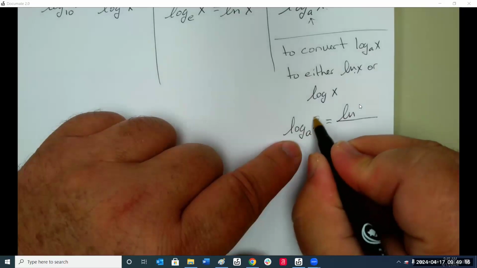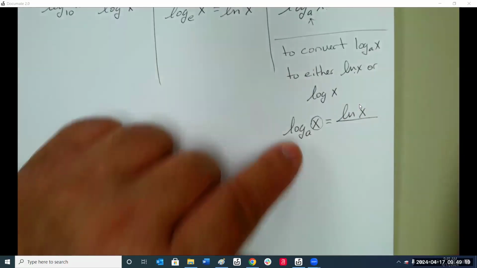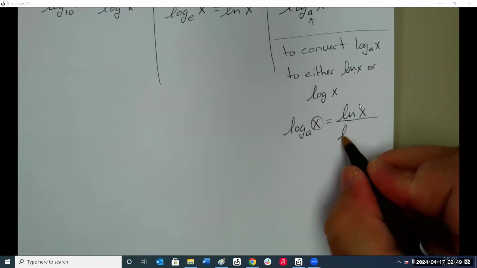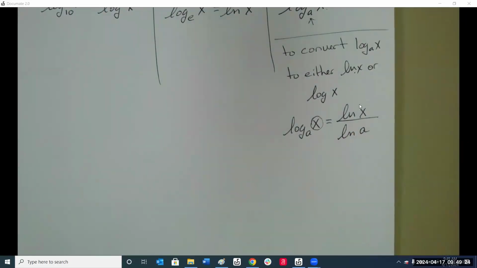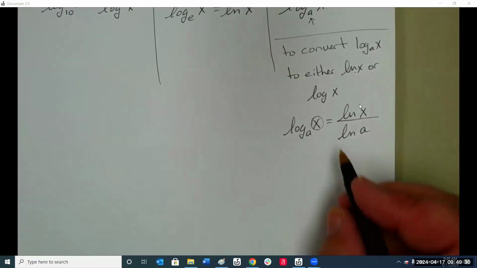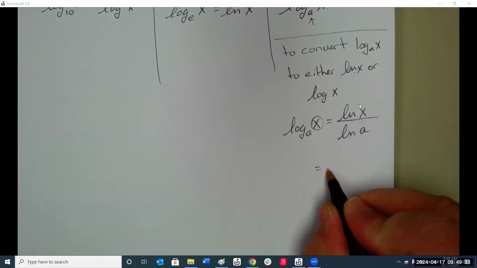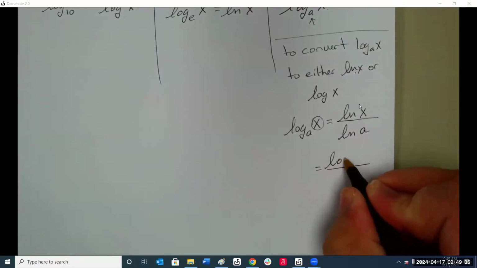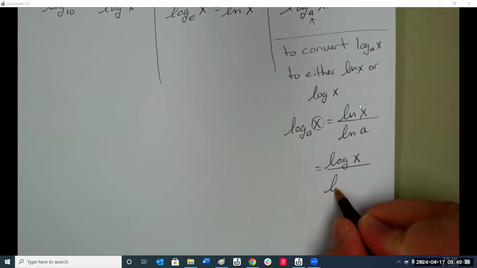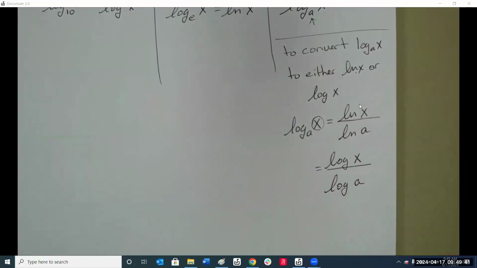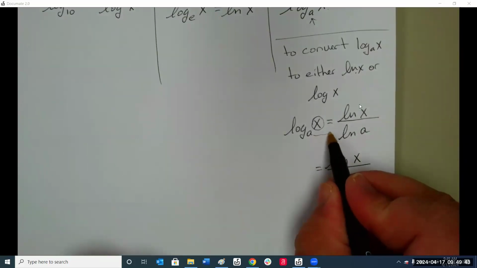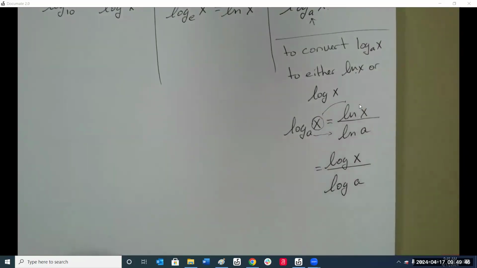Take the ln of the operation, ln x, over the ln of the base. If you don't want to use common logs, you can write log x over log a. You notice the base is always on the bottom and the x operation is always on top. It's the ratio we're interested in, and that tells us the value.